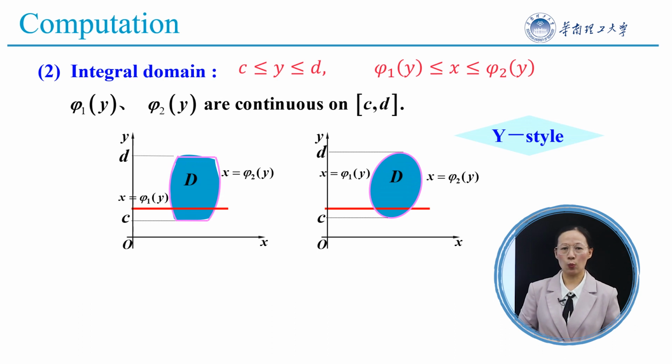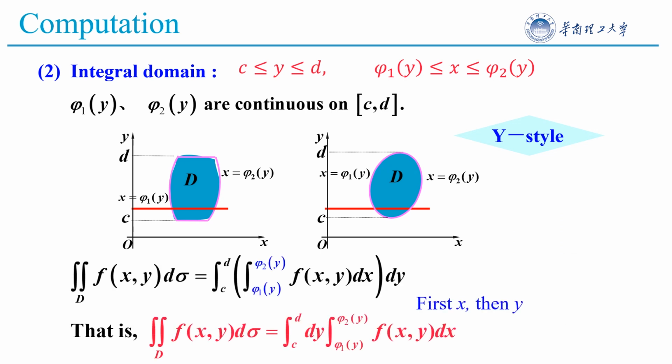We call it a Y-style integral domain. A set D is a Y-style integral domain if it is simple in the x direction, meaning that a line in this direction intersects D in a single interval, or point, or not at all.